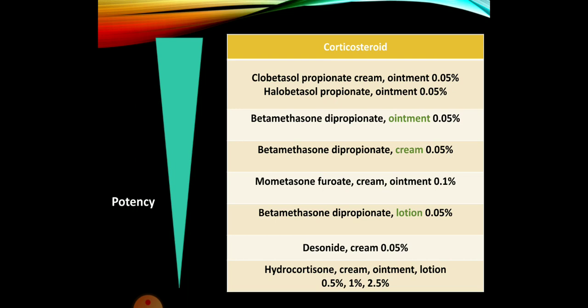And there is another way of deciding the potency of topical corticosteroid: you take patients suffering from psoriasis, and you see the characteristic psoriatic lesions, how they are minimized after giving different kinds of corticosteroid formulations. So basically this is called the psoriatic assay, and by this you can decide the potency of the corticosteroid.